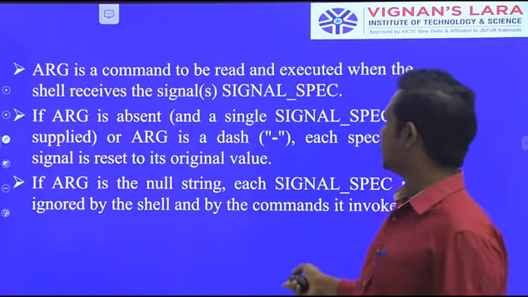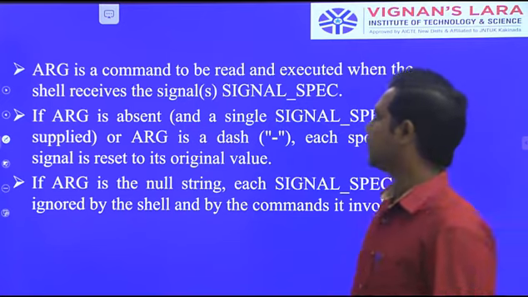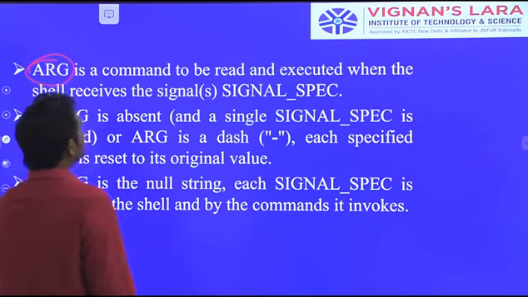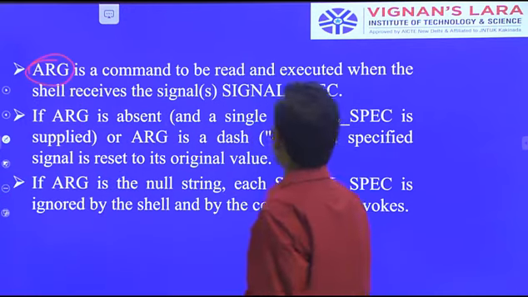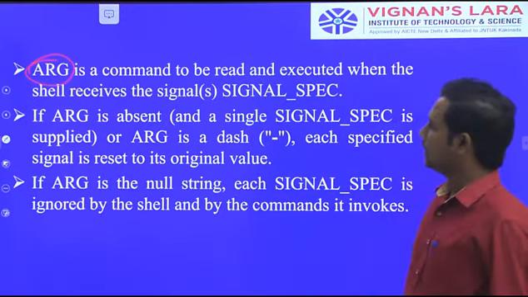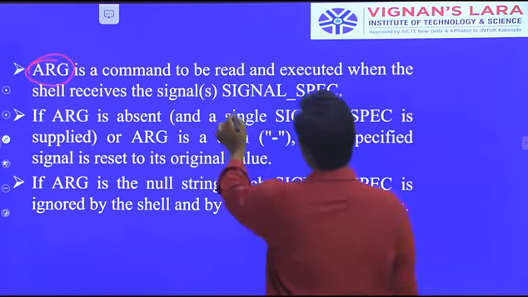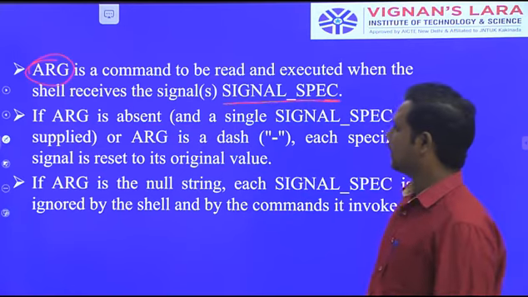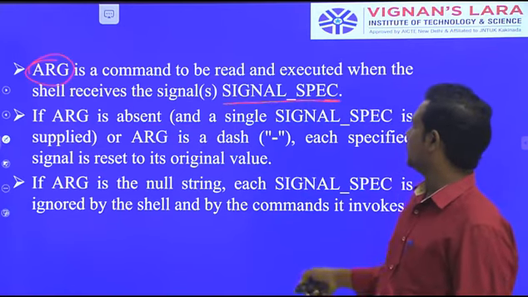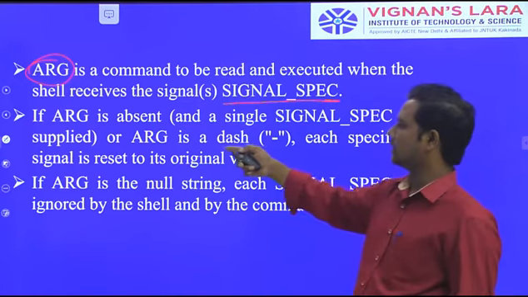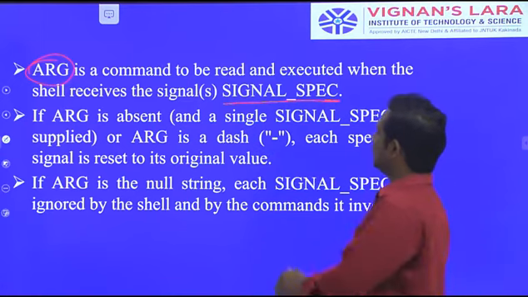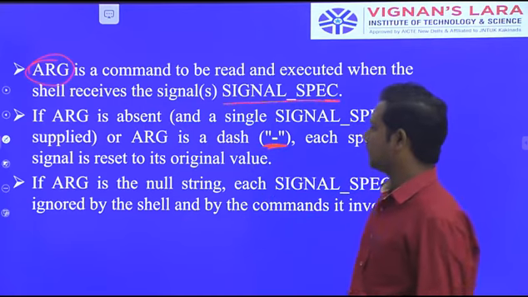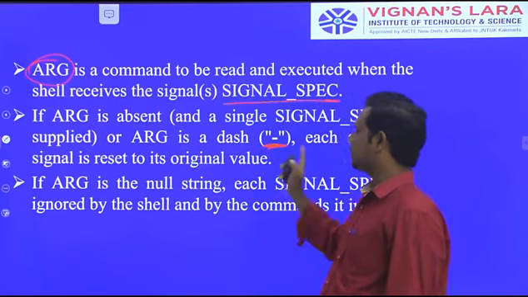Next, the trap command uses one more argument, arg. Arg is the command to be read and executed when the shell receives a signal, SIGSPEC. If arg is absent, or is a dash, each specified signal is reset to its original value.